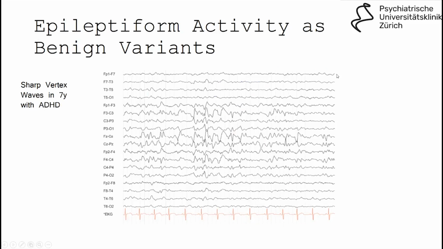All right, so for today, we're going to see a lot of EEGs and patterns that we have to try to identify in the EEGs. To identify epileptiform activity in the EEG is, as I said, one of the main tasks, because most of the EEGs are done to exclude epileptiform activities.